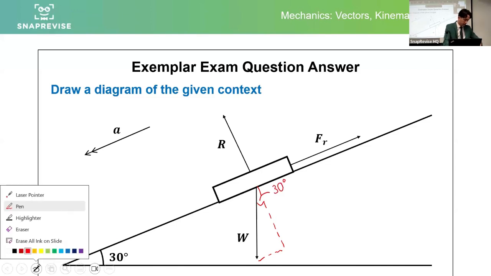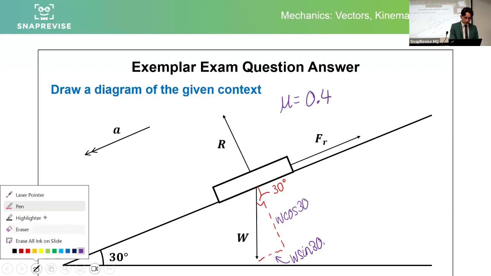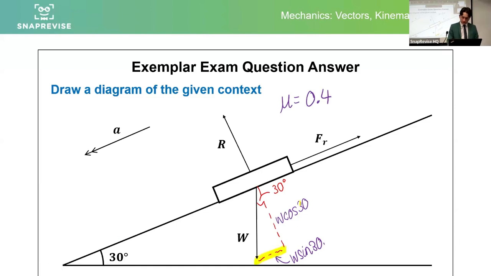And then I would separate this as W cos 30 and W sin 30. And then let's have a little look. We also know mu is 0.4. So horizontal components include this and this.